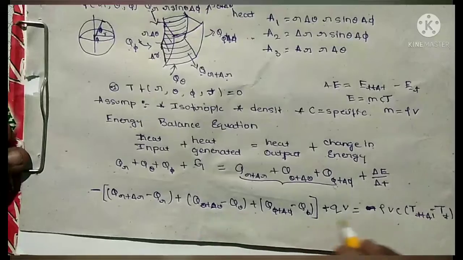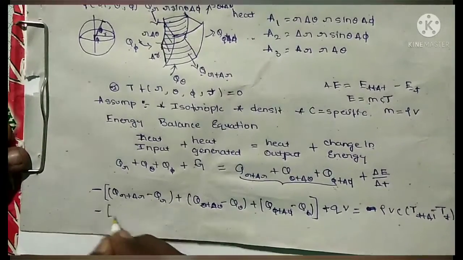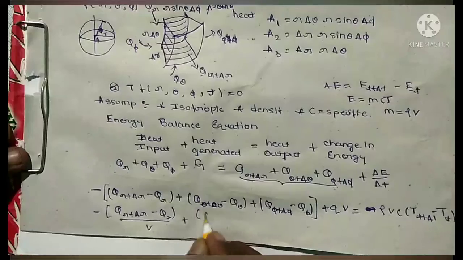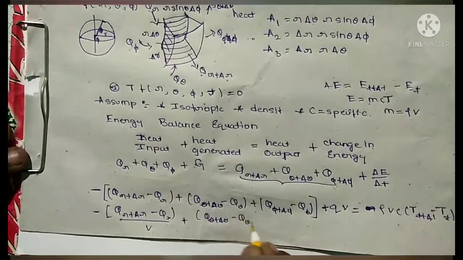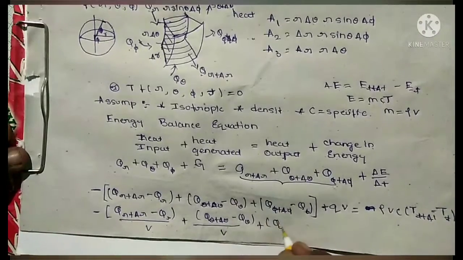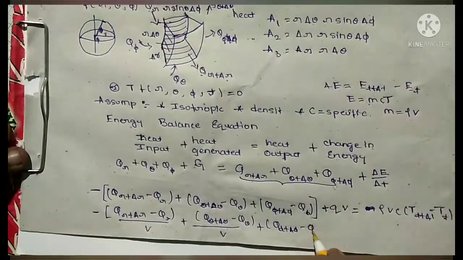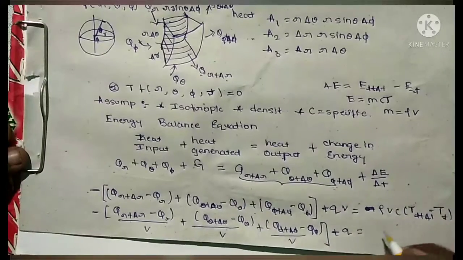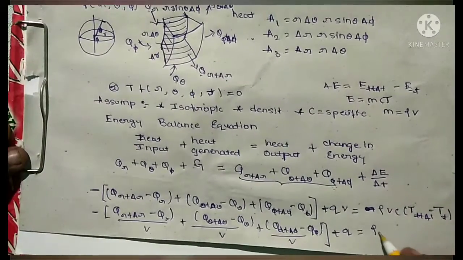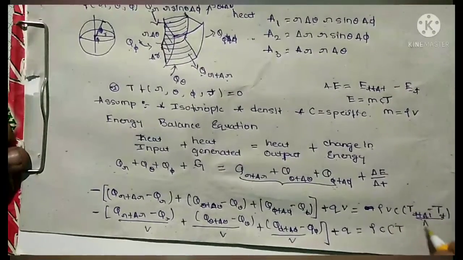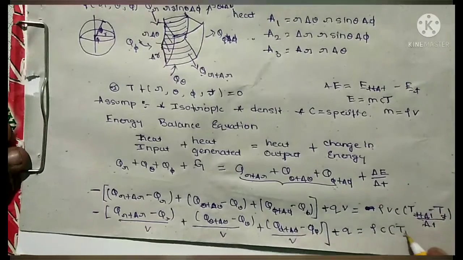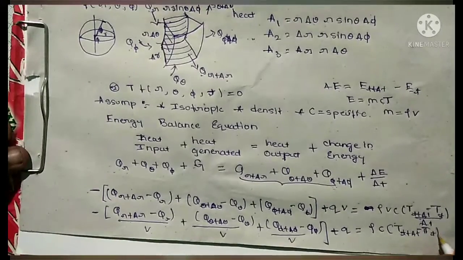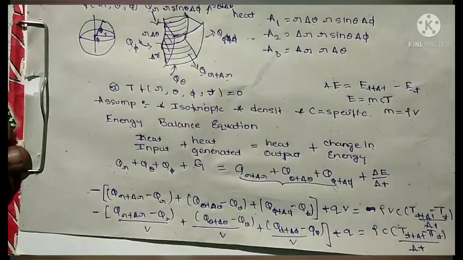Then this whole equation is divided by V, so minus of Q R plus delta R minus Q R divided by V, plus Q theta plus delta theta minus Q theta divided by V, plus Q pi plus delta pi minus Q pi divided by V. The V gets cancelled, the remaining will be Q. It is equal to rho into C into delta T, so temperature at time T plus delta T minus temperature at time T divided by delta T. Okay, this we have to consider.